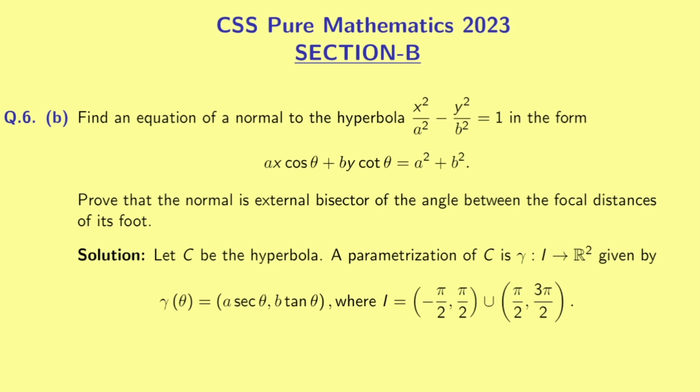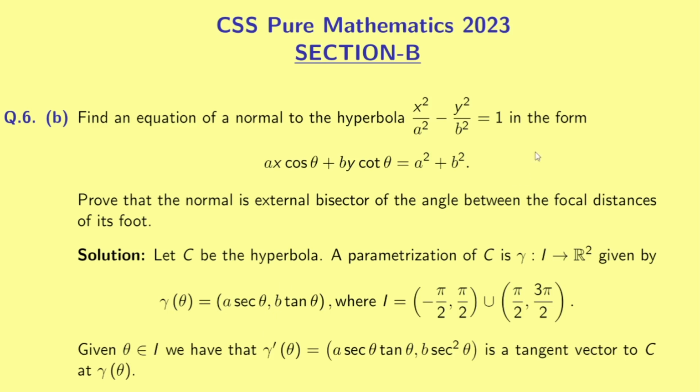Now, since we want to find the normal line, we will use this parameterization to find a tangent vector and a normal vector, and with this normal vector we'll be able to find an equation for the normal line. So first we are going to take the derivative of this curve.